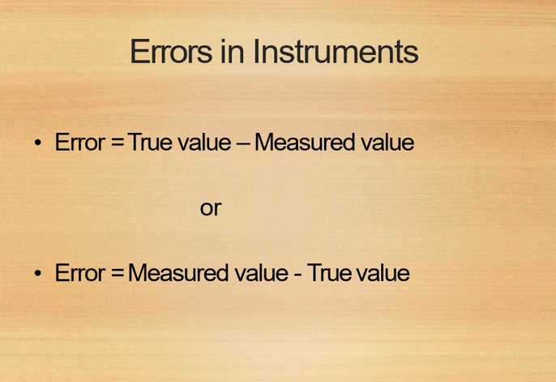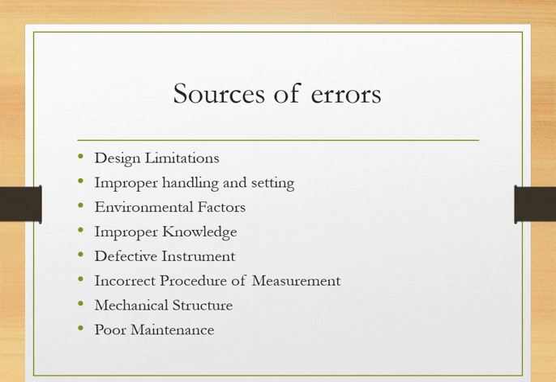Now let us see first the sources of errors. Before studying errors, we must know the different sources of errors, or why errors occur. The first important thing is design limitations.